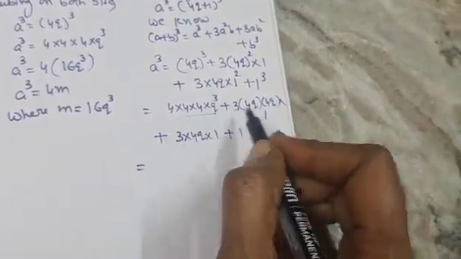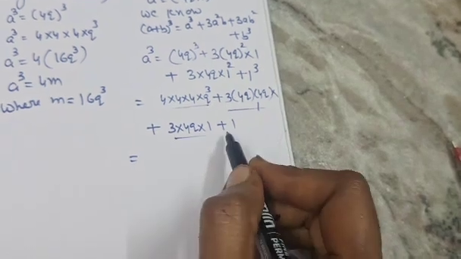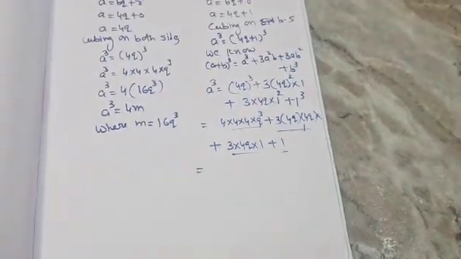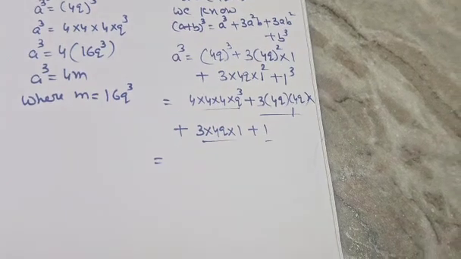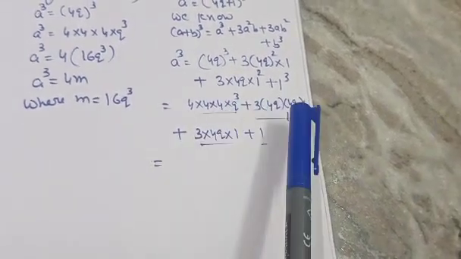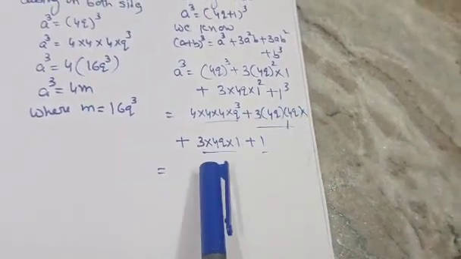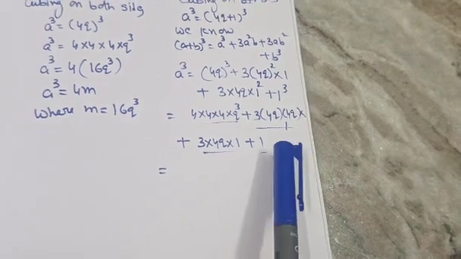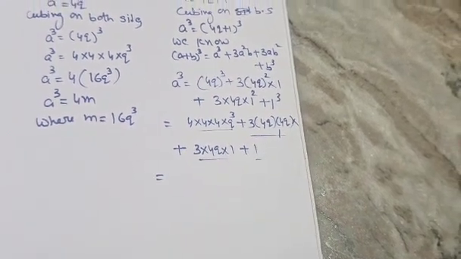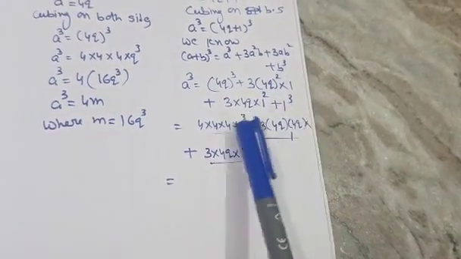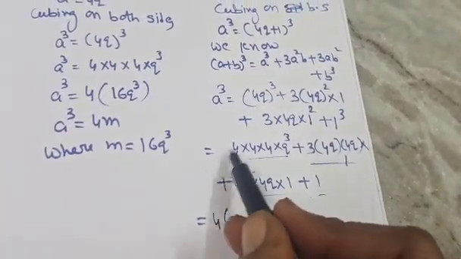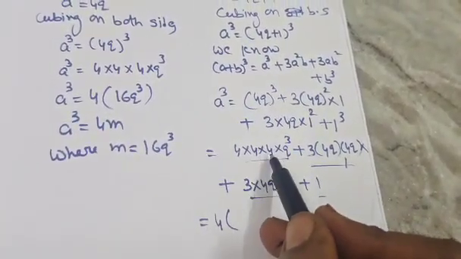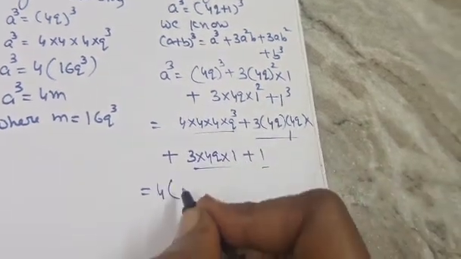This is one term, this is one term, this is one term, this is one term. We have 4 terms. In the first 3 terms we have to take 4 common, but in the last term it won't come because only 1 is there. So leave 1 like that, and in these 3 take 4 common. If you take one 4 out, still 2 4s are there, 4 4s 16 q cube.